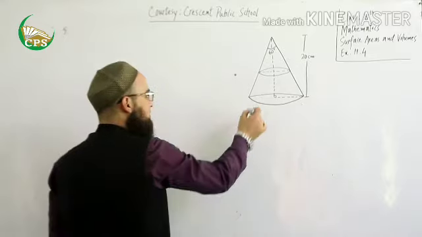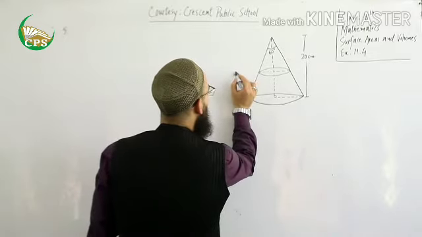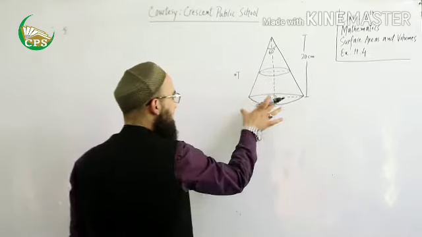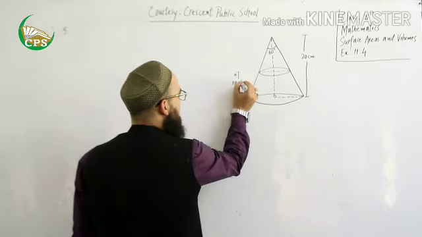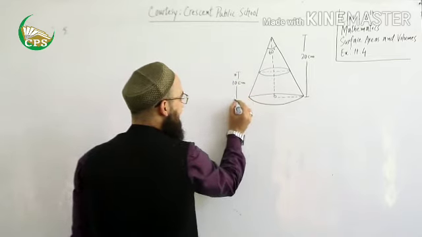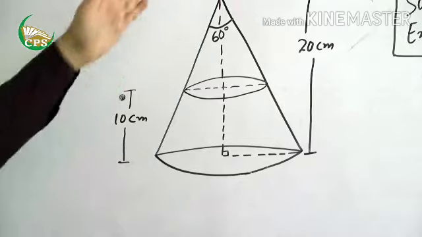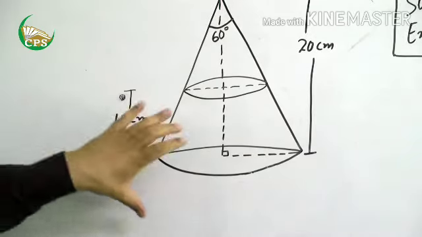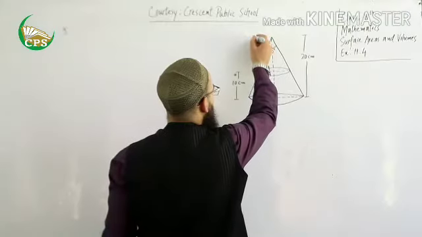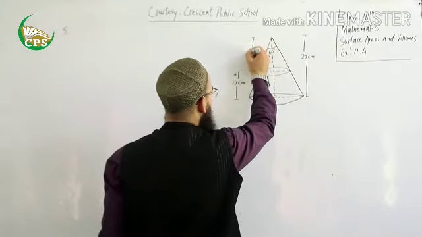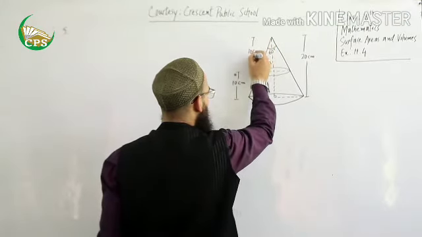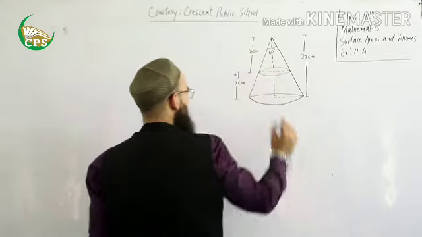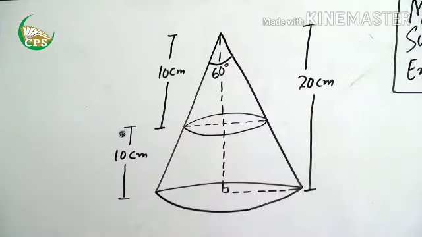The height of this frustum now would be 10 centimeter, because the total height is 20. If the cut is made in the middle, that means the height of the frustum is 10. So is the height of this upper cone. This would also be 10 centimeter. Got it?